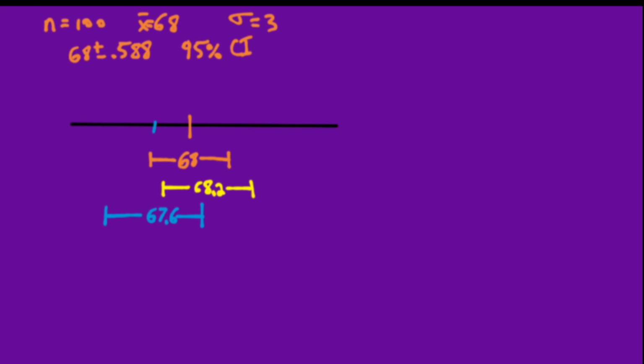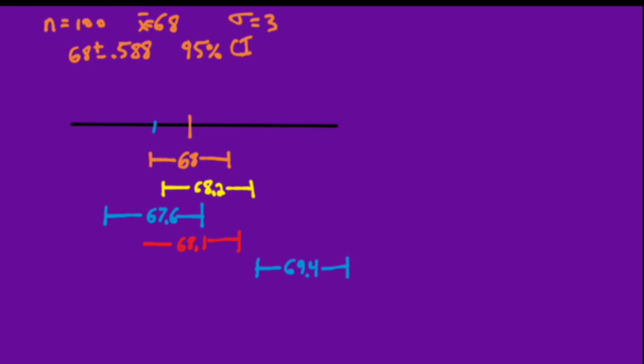Maybe we'd get 68 again, or maybe we'd get 68.1 or something, right? And so somewhere in this range, again, roughly. And we might occasionally get something that says 69, let's go out a little further, 69.4. Okay, and so in that case, we're out here.